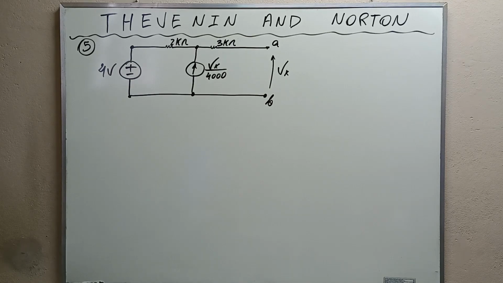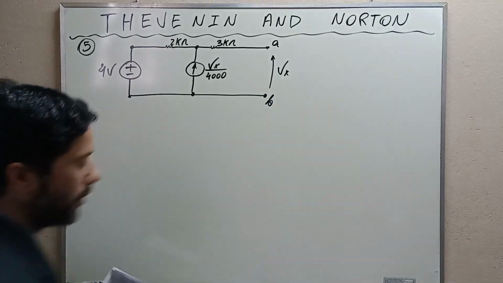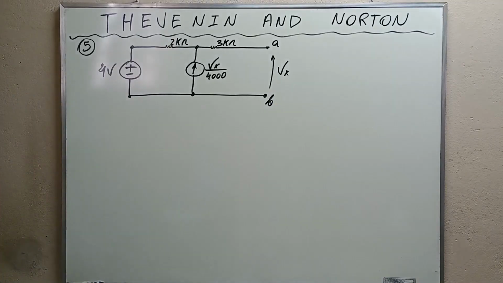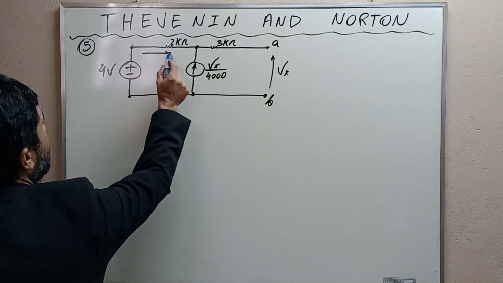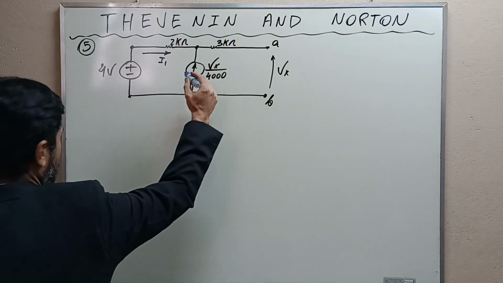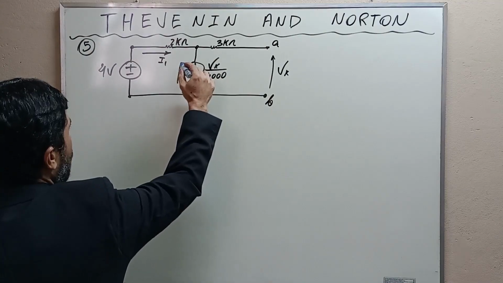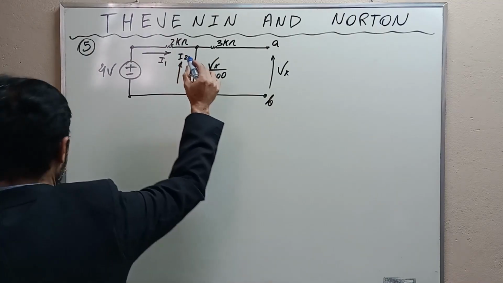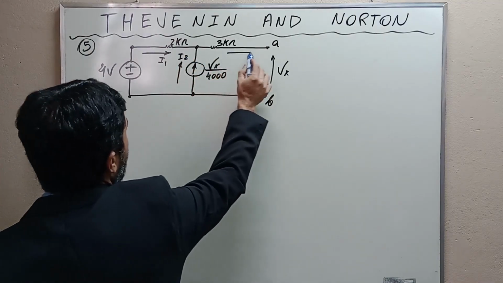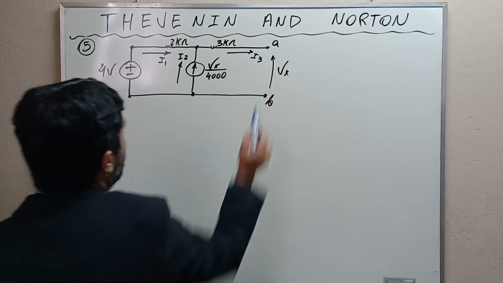The first step consists of calculating the open circuit voltage. Let's calculate the open circuit voltage, and the open circuit voltage is Vx, okay? And to do this, we are going to use some labels. I'm going to label this current here I1. This I'm going to call I2, and this I'm gonna call I3, okay?